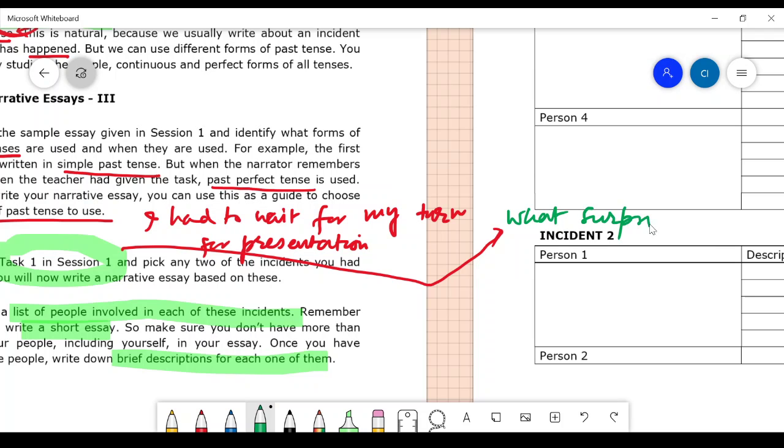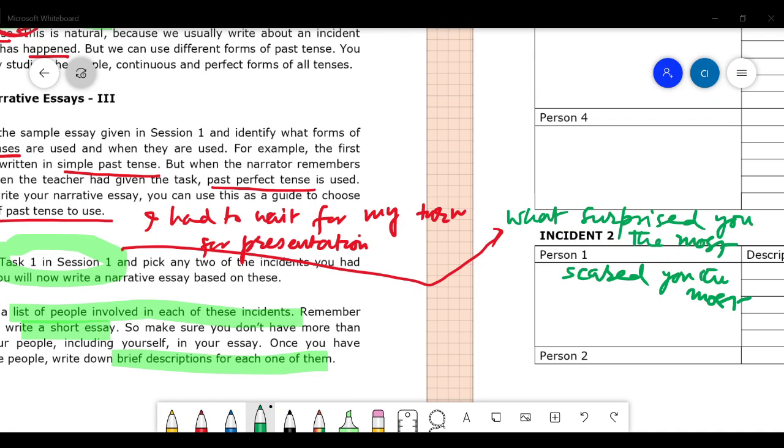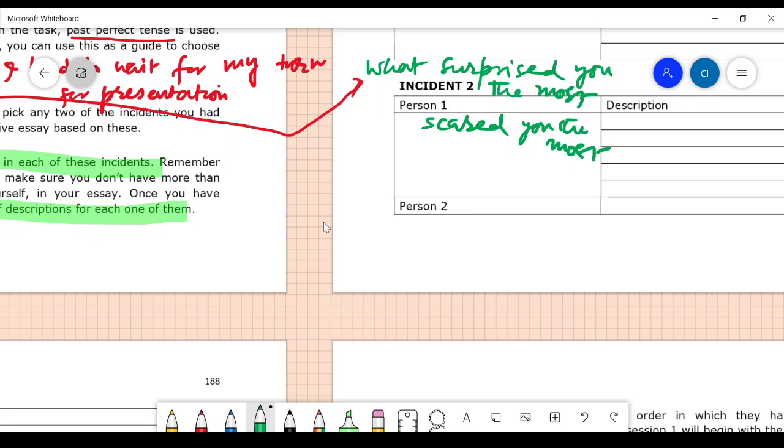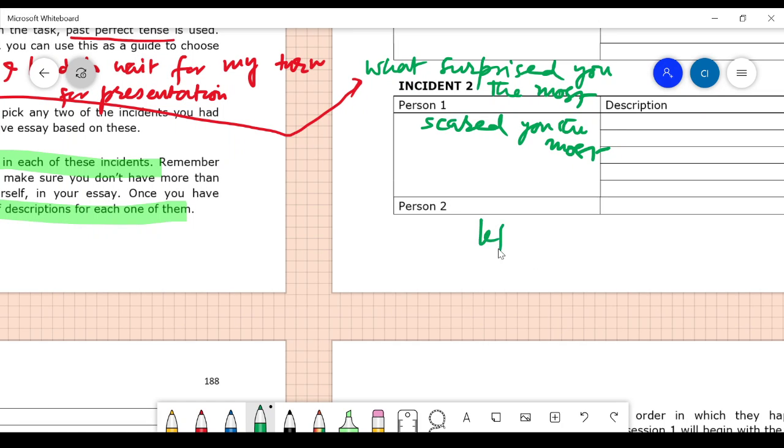And if you look at the next point, what scared you the most? And then, what left you very happy?